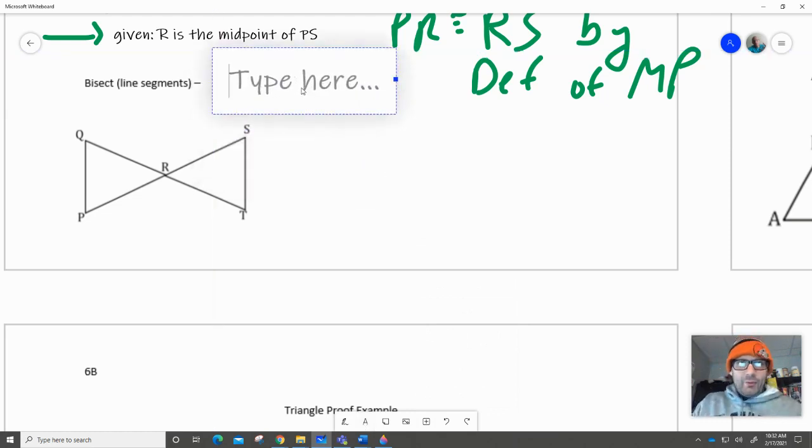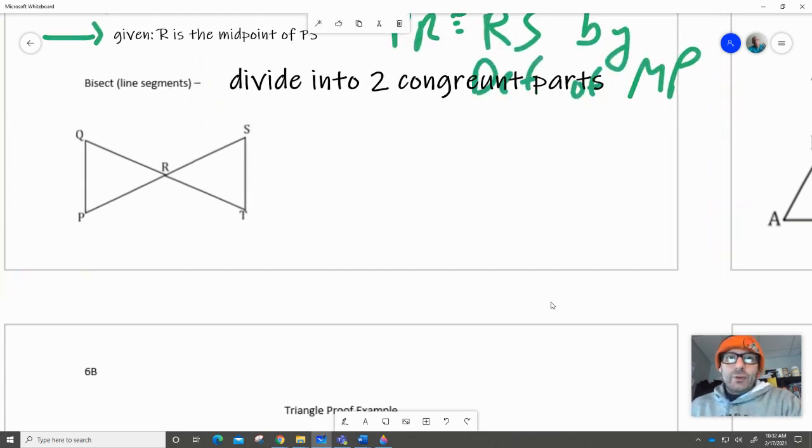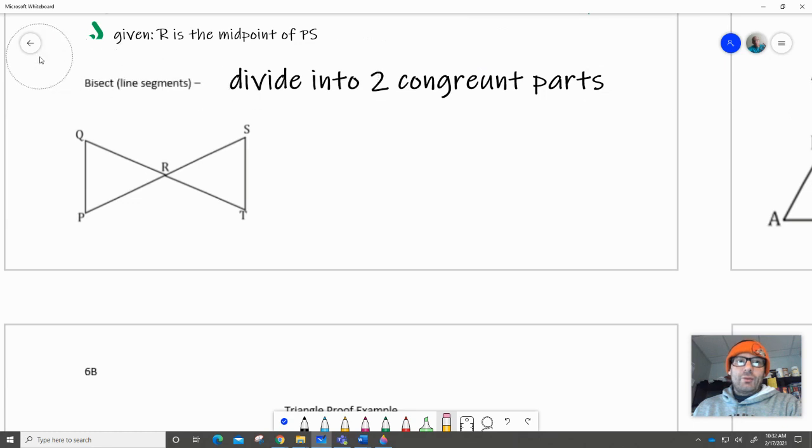Bisect just means to cut in half, or divide into two congruent parts. This is really just a cut in half. That's a straight definition. So a point can bisect something, or a line segment can bisect. So let's say we have a line segment that gets bisected here.